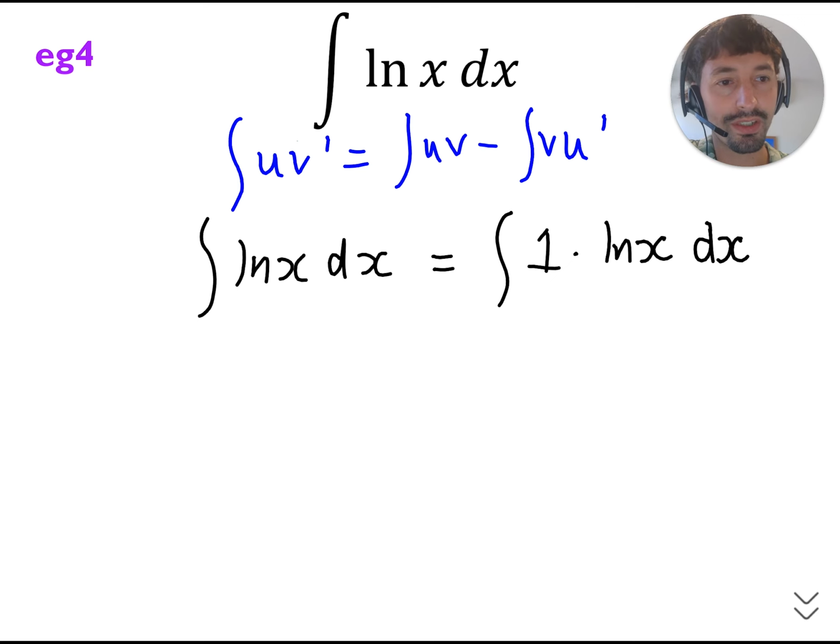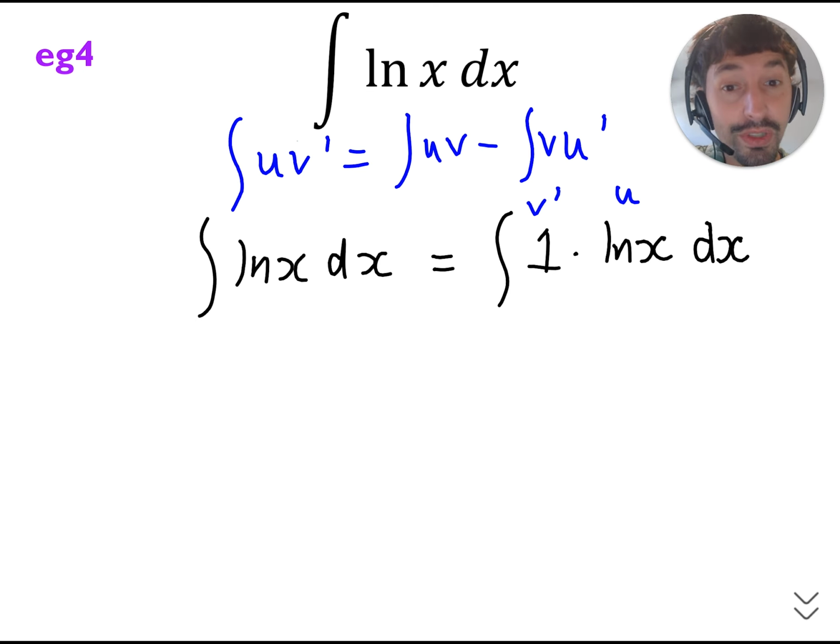We need to decide which of these is going to be our u and which is going to be our v dash. I'm going to tell you that we take u to be the natural log and v dash to be the 1.